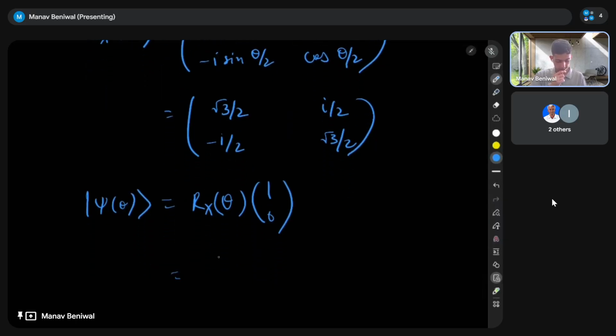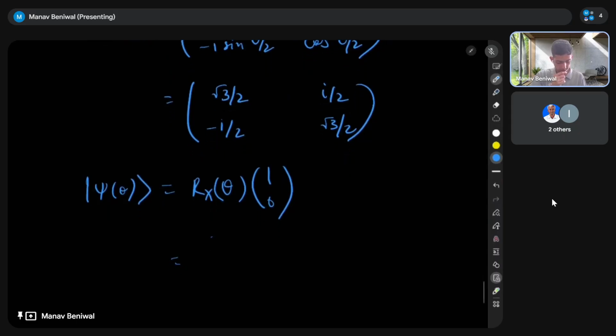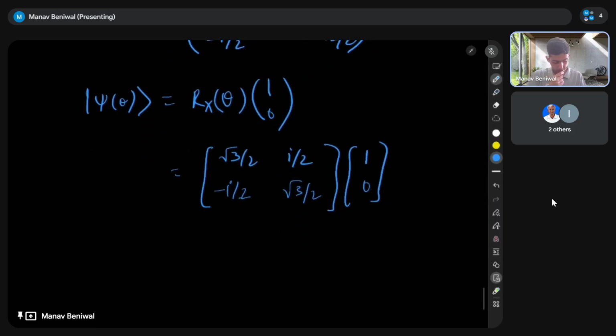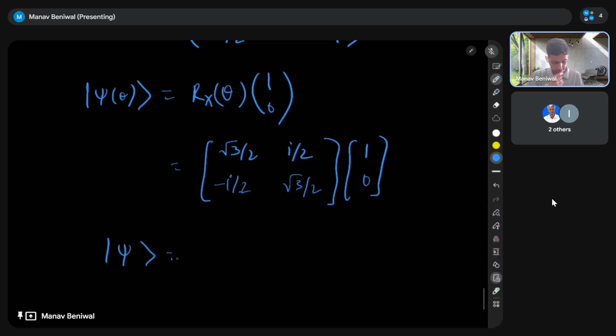So we have the matrix acting on (1, 0). This gives us root 3 by 2, and this gives us minus iota by 2. So this is our psi.